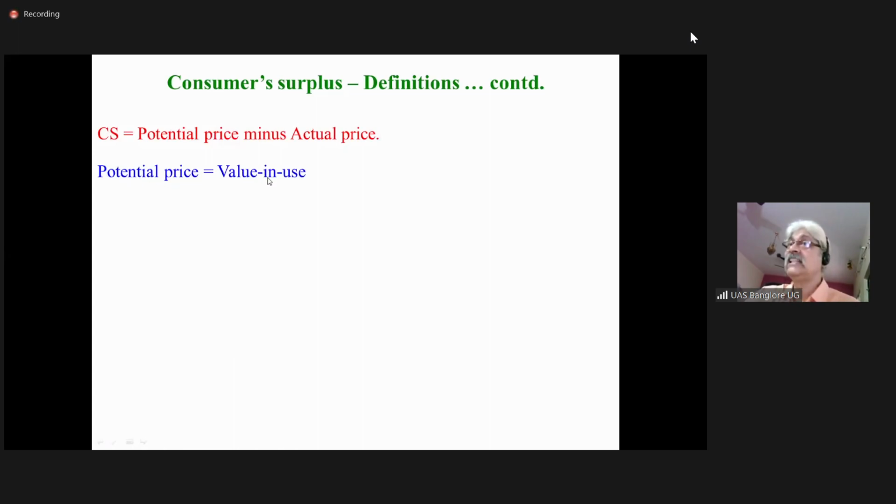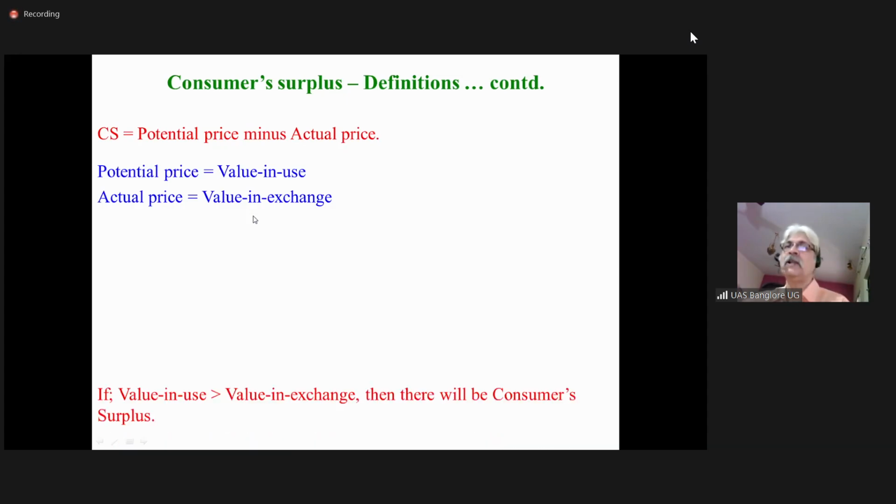Potential price is the value in use. How much satisfaction you get, how useful it is to you. Potential price tells you the value in use. And actual price is the value in exchange, how much money you actually give to get the commodity.